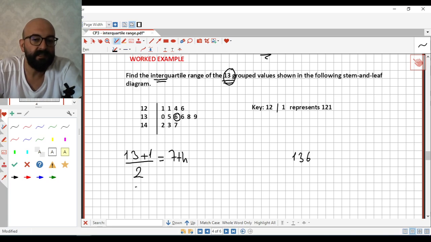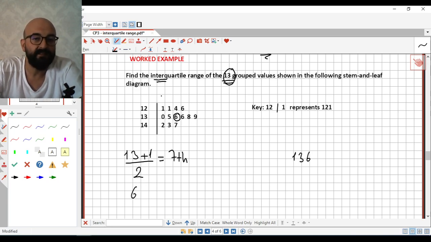But 6 is even, so we should find 2 values, which are the middle of the first part.